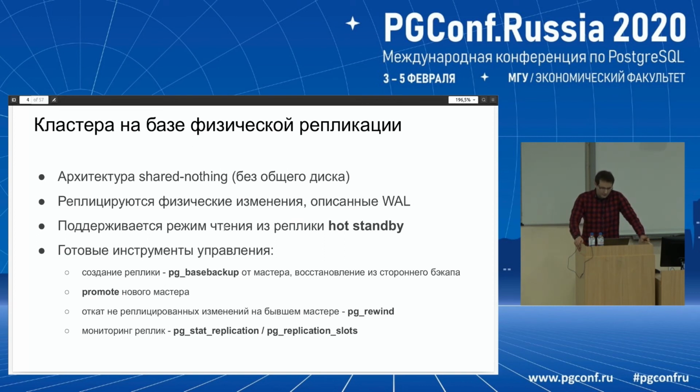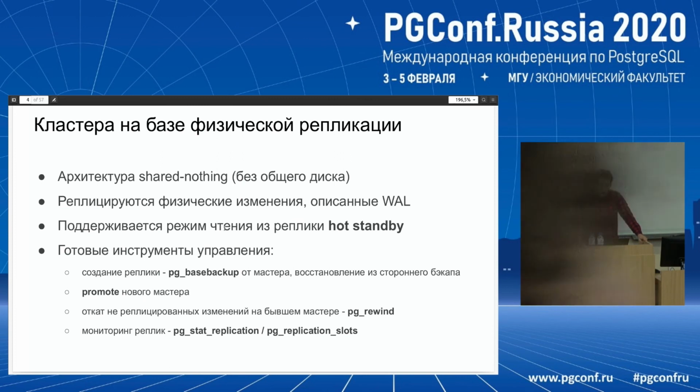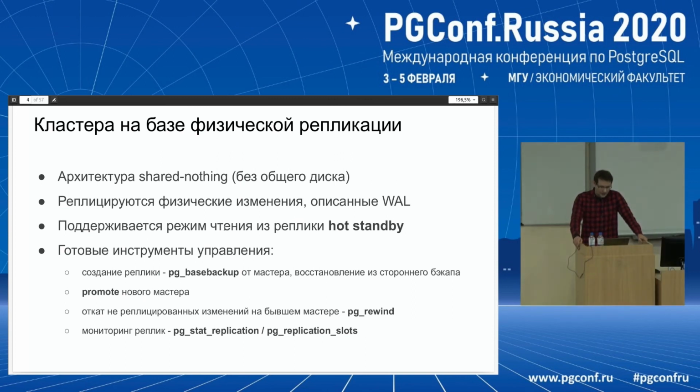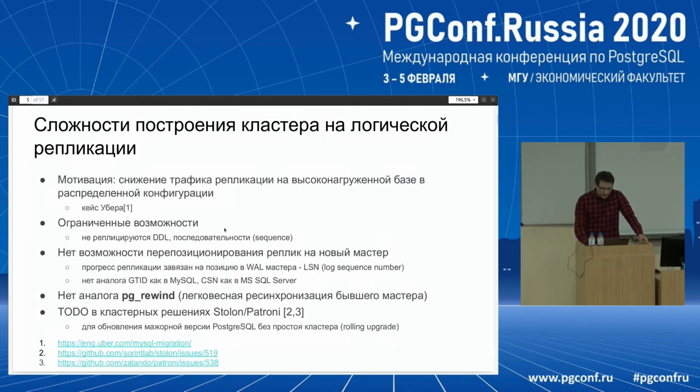We can promote a node from standby mode to master. There is also a good utility that allows you to bring it back from master to standby mode, and monitoring: two tools that show the current replication slots and statuses of all the replicas.